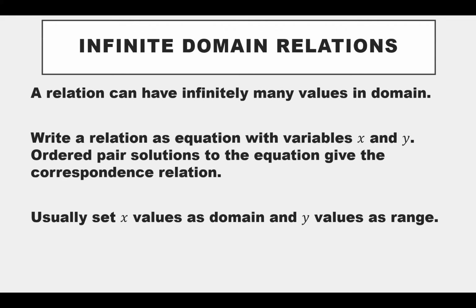And generally speaking, we let the x values of the equation represent our domain and the y values represent the range. That's not always the case, but that's the usual way to do it.